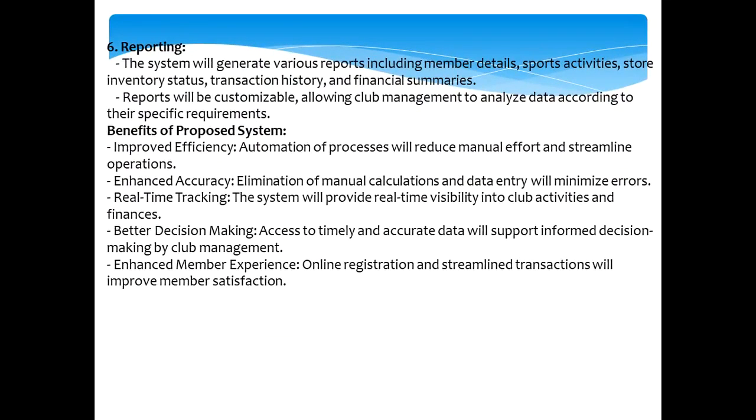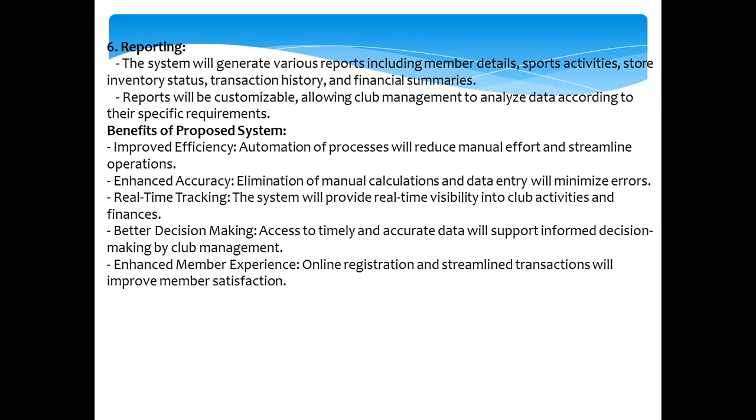Then reporting. The system will generate various reports, including member details, sport activity, store inventory status, transaction history, and financial summaries. Reports will be customizable, allowing club management or members to analyze data according to their specific requirements.